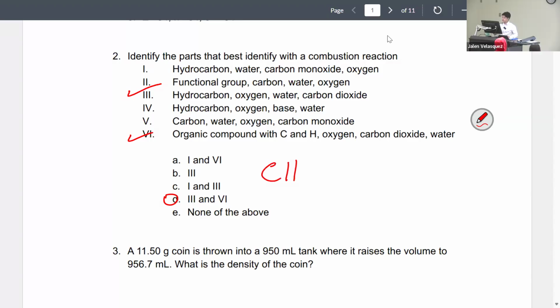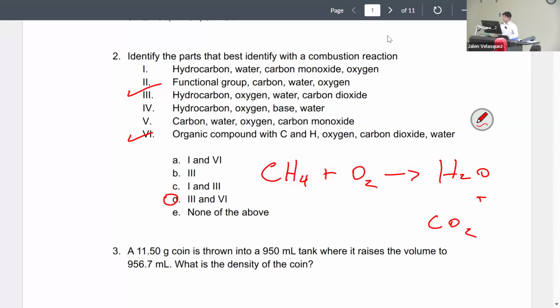So say something simple like methane. What's the other reactant of combustion? Oxygen. How do we write oxygen? O2, good, because it's a diatomic element. And what are the products of combustion reactions? H2O. Good. Water and carbon dioxide. Okay.